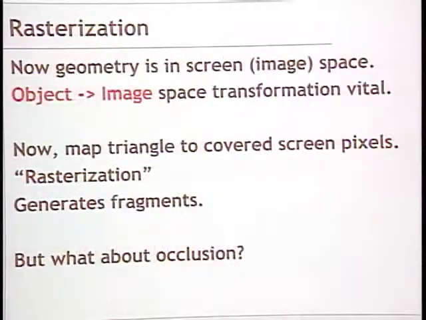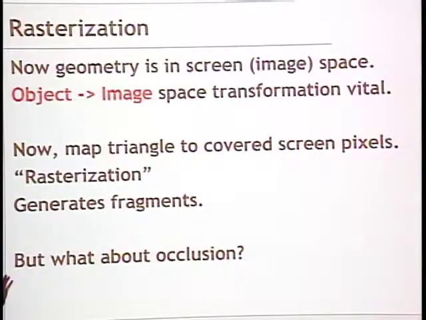Okay, so we're now in image space. We figure out which pixels we cover with each triangle, and eventually we're going to figure out what color they're going to be. What we're going to generate here is a new word. It's a fragment. So we're going to have many triangles up here. Triangles are going to cover pixel locations. Every place where it covers a pixel, we're going to generate what we call a fragment.